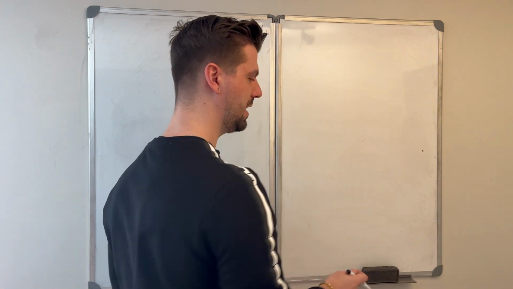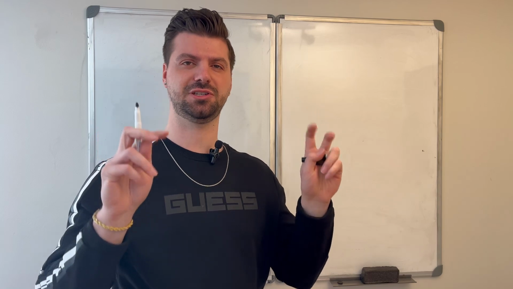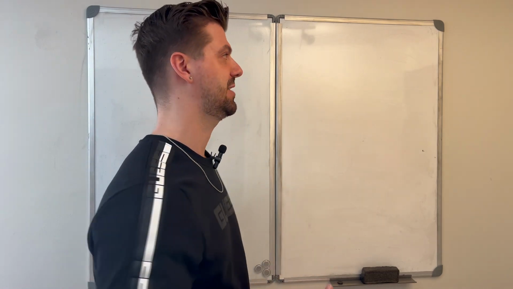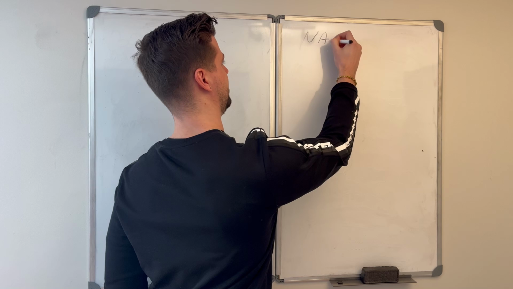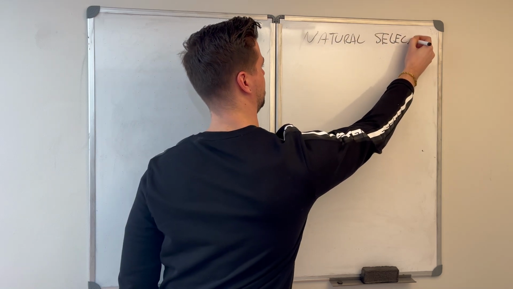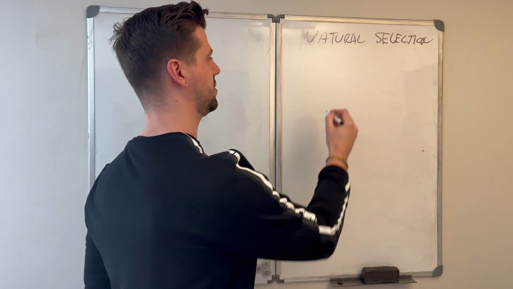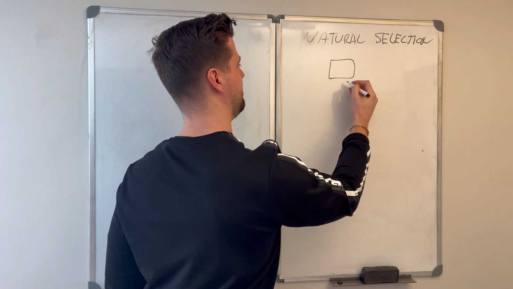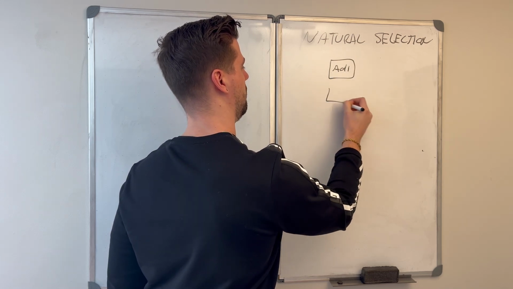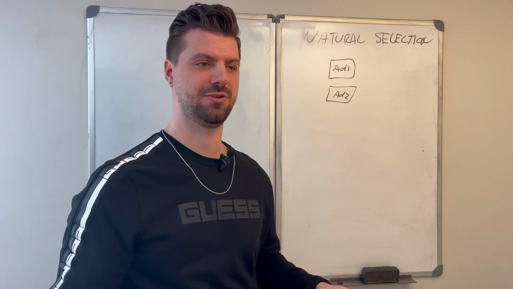So what I've realized when it comes to Facebook advertising, it's a lot like nature. If you've ever heard of the concept of natural selection, advertising is actually really similar. So let's just write down natural selection. Like I said in the beginning of this video, what most contractors will do is they'll maybe make 1 ad or maybe 2, and they'll just run those ads into the ground.